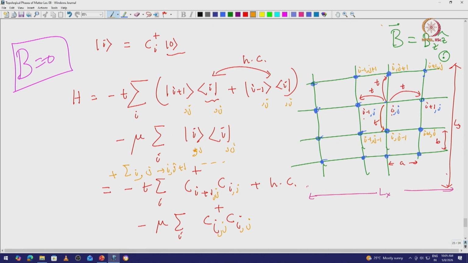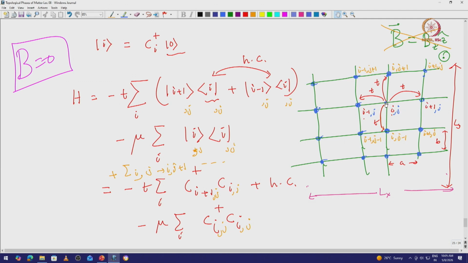In fact, I have not yet put in B, but now I am going to put in the magnetic field. So, if I put a magnetic field which is passing through this, an electron going from this side to this side will be parallel transported.